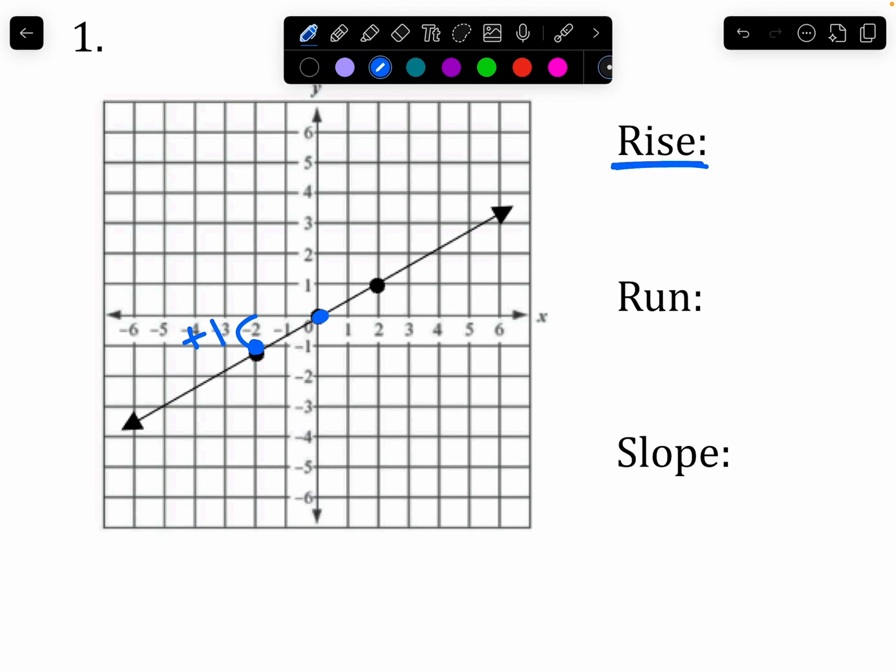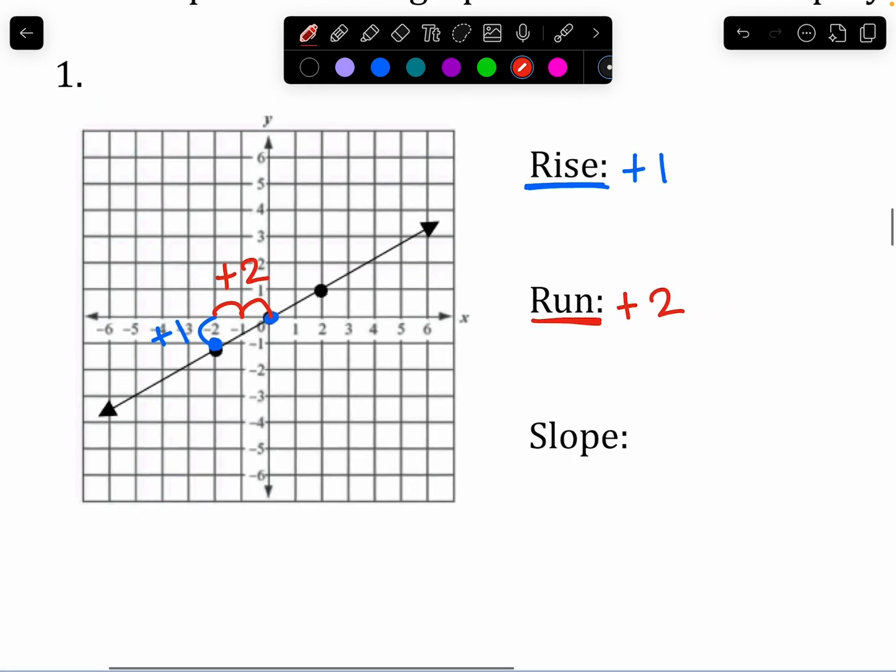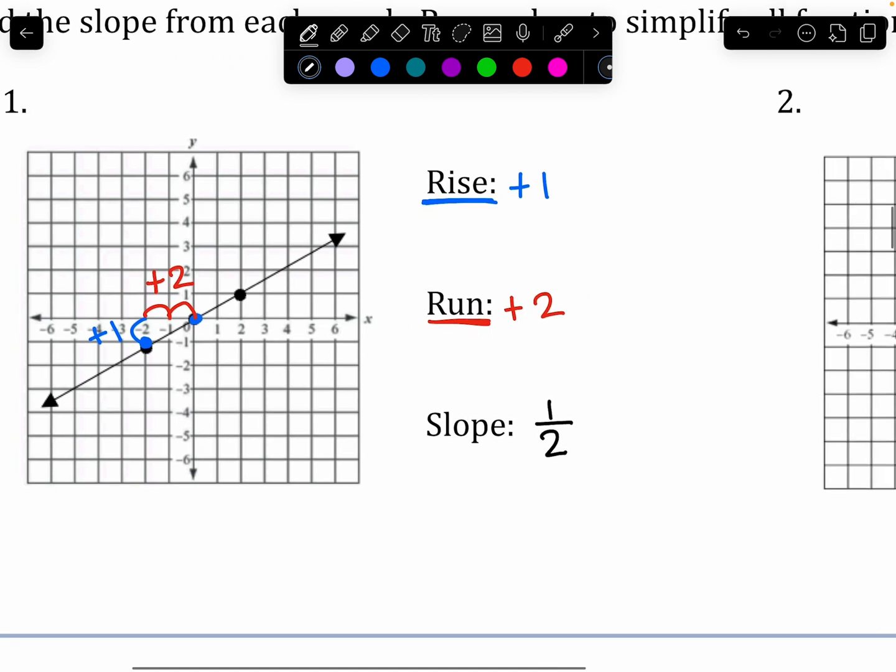Because I traveled in the up direction, that's a positive direction, so I'm going to label that as a positive 1. And now I have to do my run, which is going to be to the right, and I'm going to go to the right 2 places because I traveled to the right. That's also a positive direction. So right now I've got a rise of a positive 1 and a run of a positive 2. That is going to make my slope a positive 1/2 because it's rise over run.